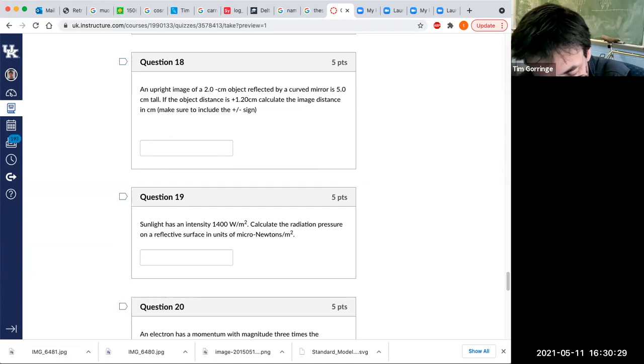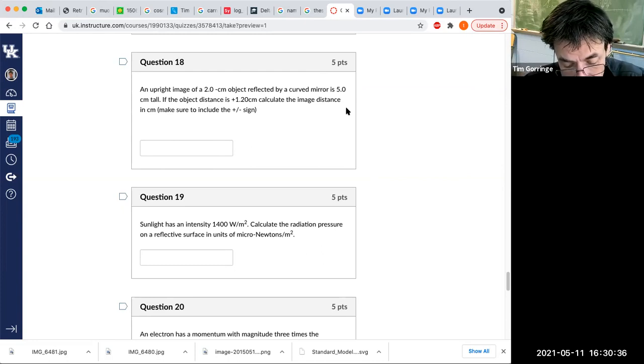And we've got to figure out the image distance, including the sign, if the object distance is 1.2 centimeters.